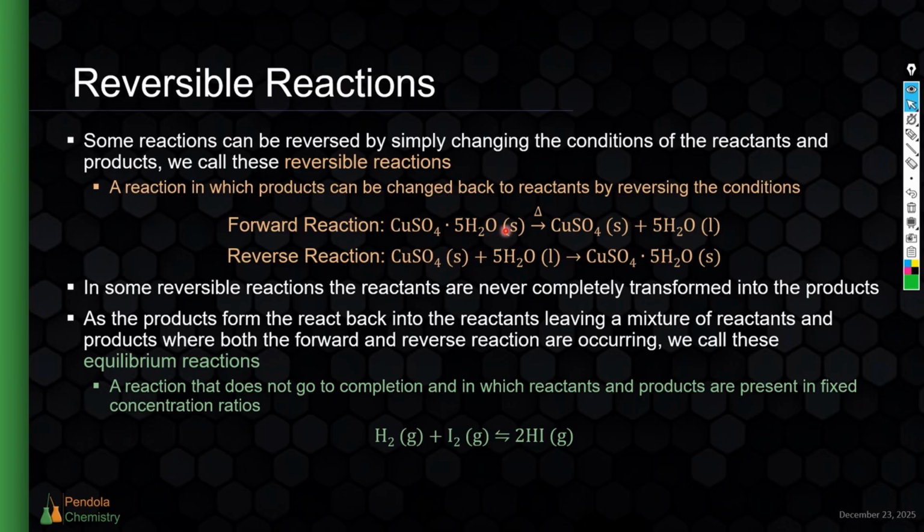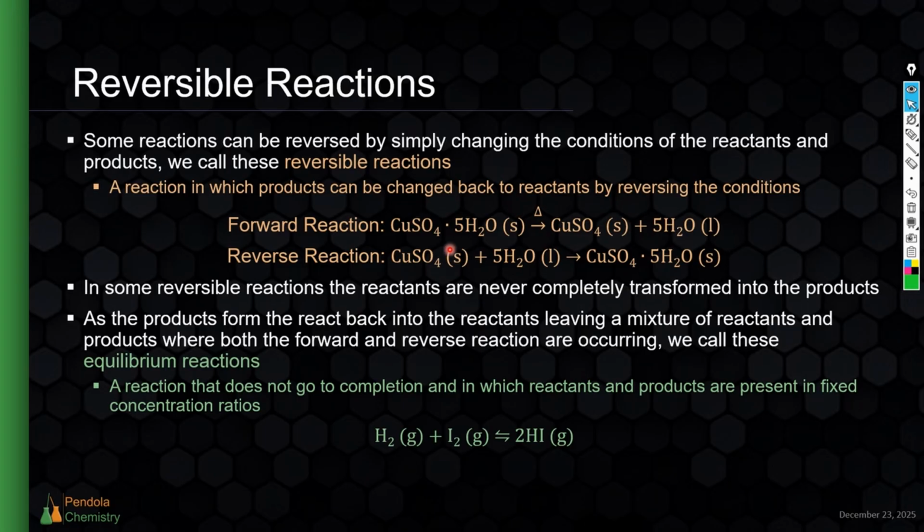For example, if we have hydrated copper sulfate and we heat it, it turns into the anhydrous copper sulfate and water separately. Well, if we simply just combine the copper sulfate with the water again, that reaction can be reversed in the opposite direction, meaning the products become the reactants now and create again the hydrated copper sulfate.